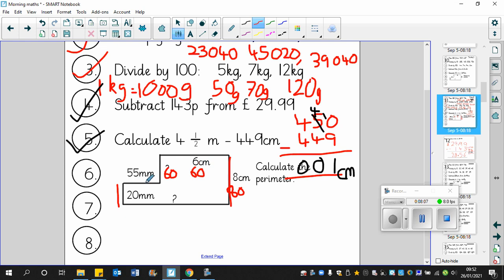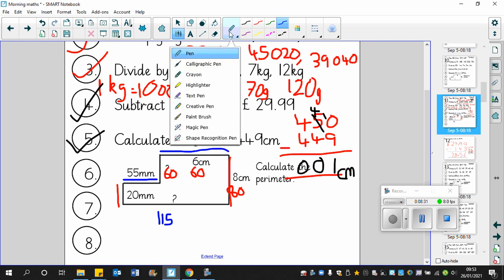This is 55. Well, if this is 55, use a blue for horizontal. So if that's 55 and that is 60, and we add them together, well, 60 add 50 is 110, plus another 5 is 115. So therefore this little beauty here must be 115. Okay, now we are ready to go.